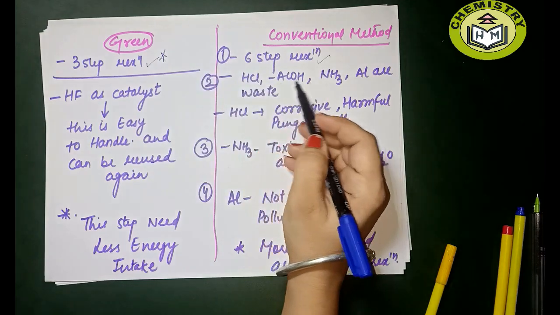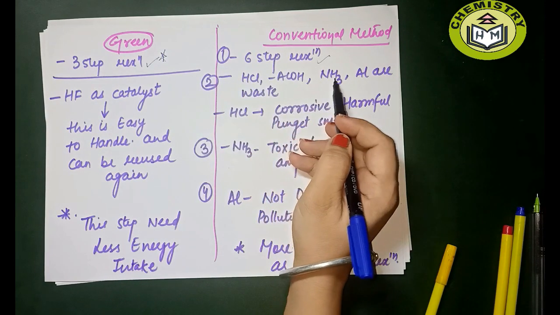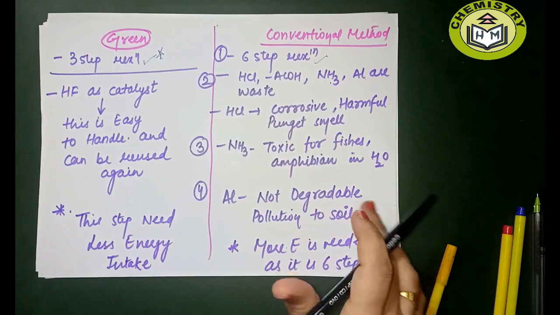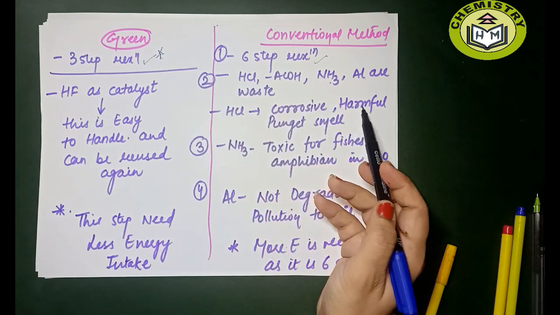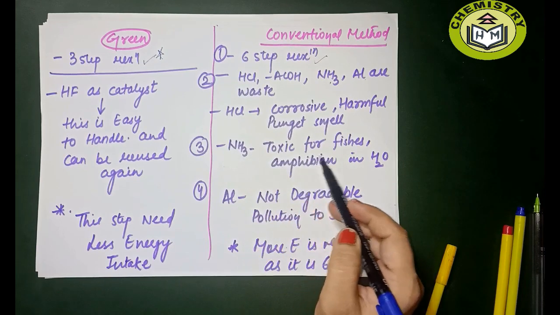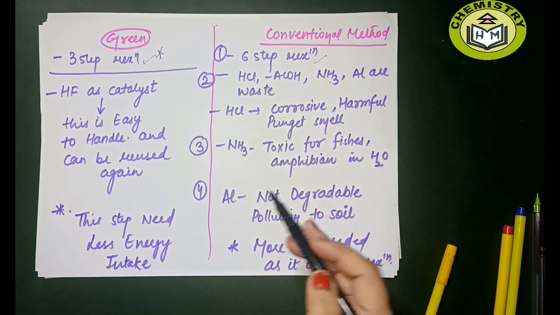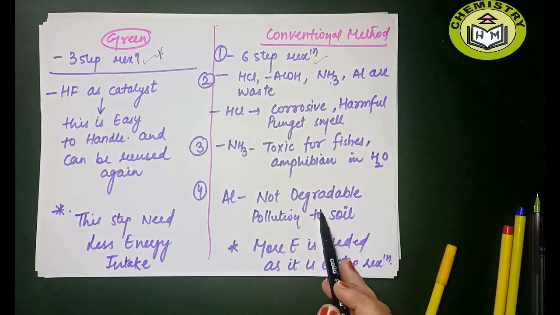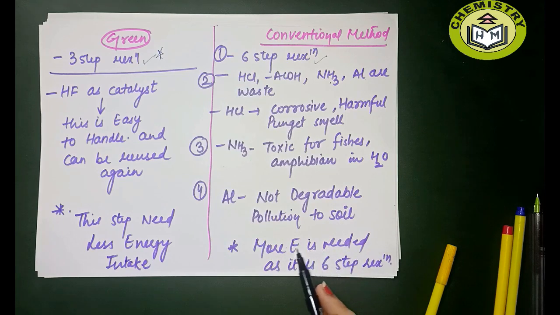Now in this, a lot of wastes are there. HCl is released, ammonia is released, aluminium is released, which are waste in the first method. HCl is corrosive and harmful for the body. Ammonia is toxic for fishes and amphibians. Aluminium is not degradable, and anything which is not degradable causes pollution in the environment, and this causes soil pollution.